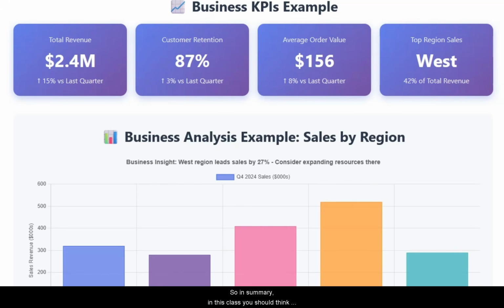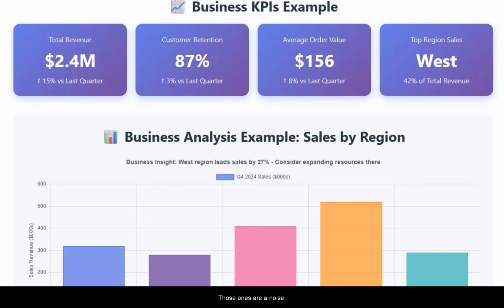So in summary, in this class, you should think like a manager making strategy decisions, not a database designer building infrastructure. The visualization tells stories about business performance and opportunities, and make those visuals very clear, very actionable. Do not include the background of Power BI or any other analytics platform you use.